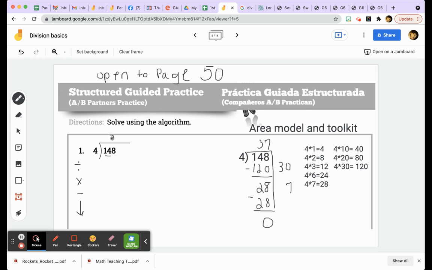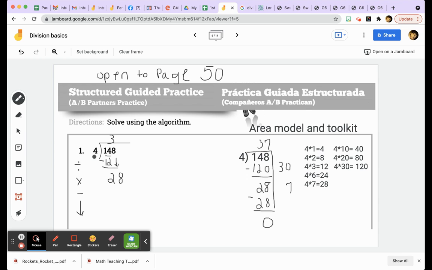So this is going to be 3 times. So I divided. 3 times 4 is 12. Subtract. 4 subtract 2 is 2. After I subtract, I'm going to bring down the 8.